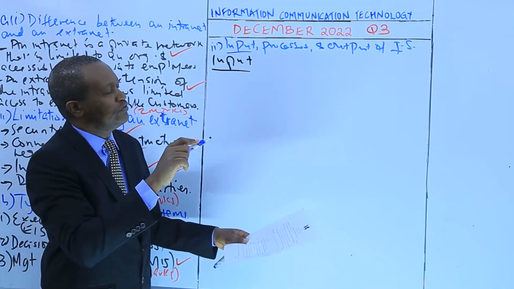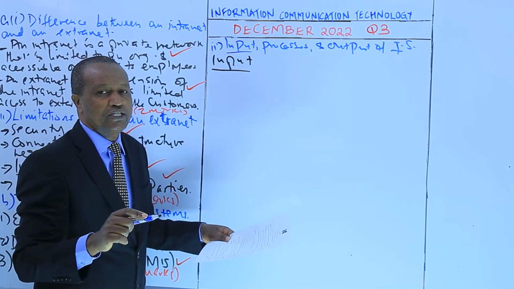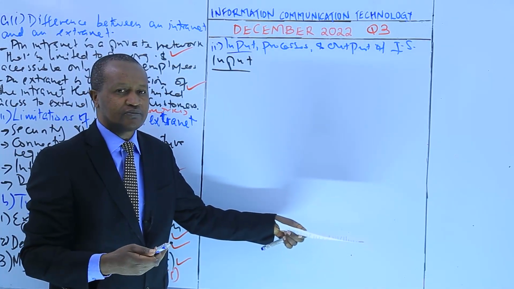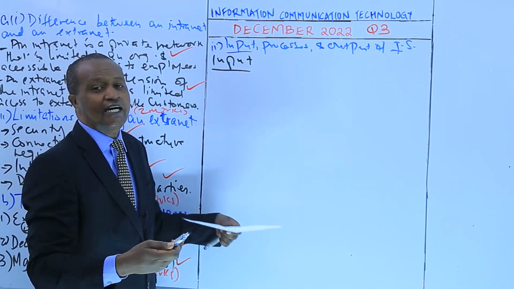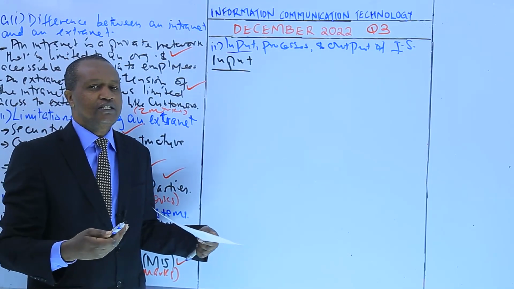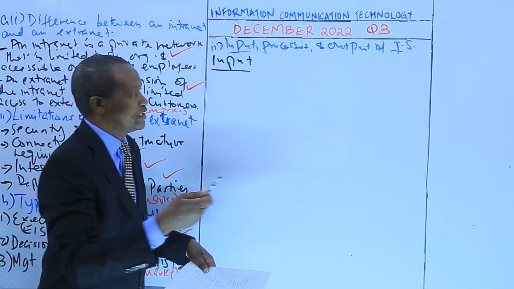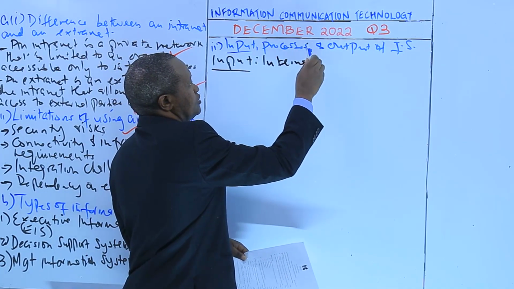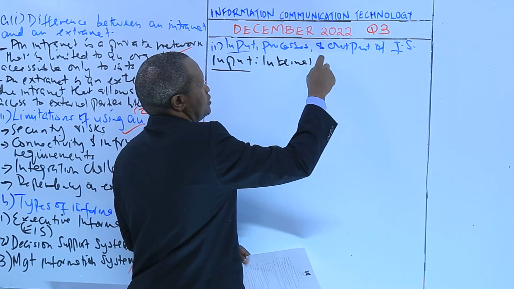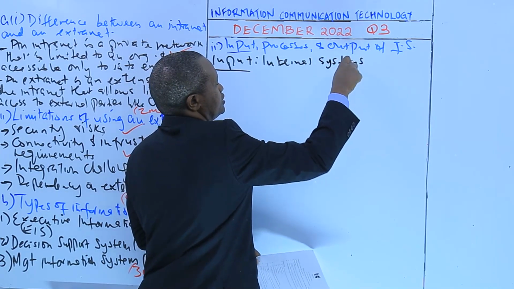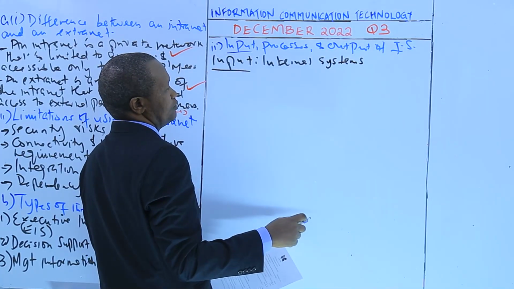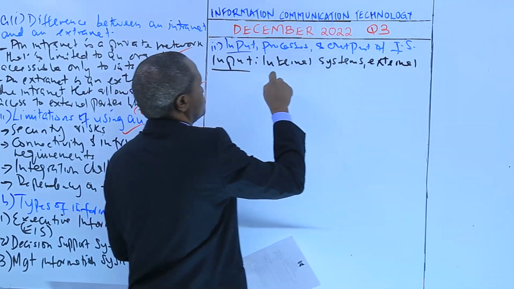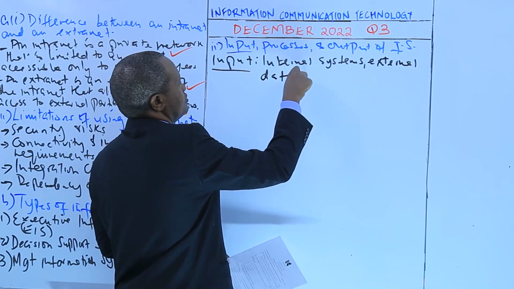Now, input of an information system is just the data or information from various sources, including internal systems and external databases. This information could be from internal systems. This information can be obtained from external databases.